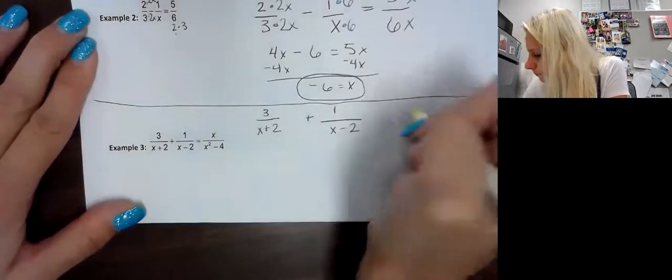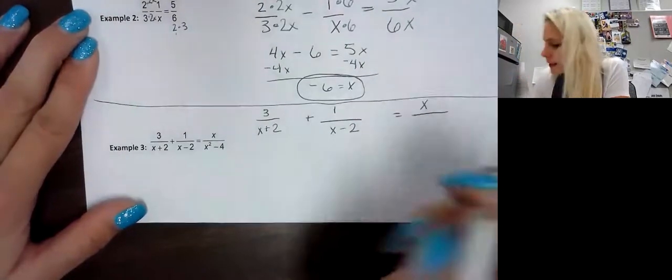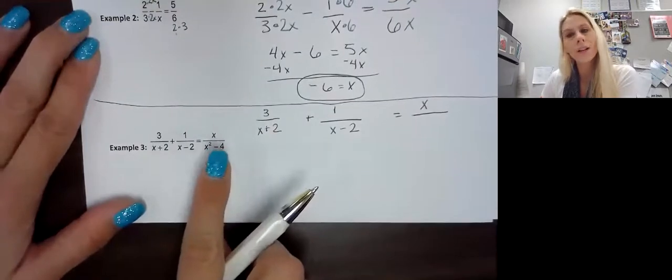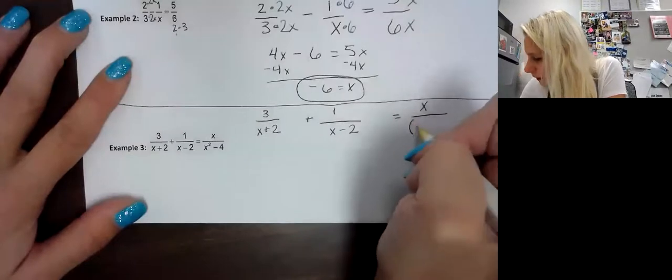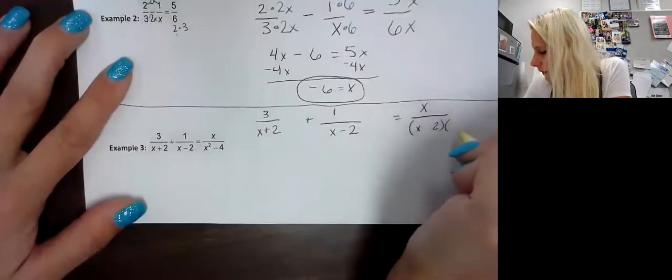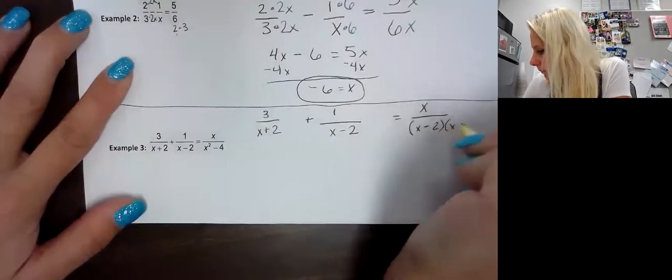We're good. Equals x over. Now, if you look at this denominator, though, this can be factored. These are the difference of squares. Remember, difference of squares, we can just take the square root of each term, and one is going to be addition, and one's going to be subtraction.